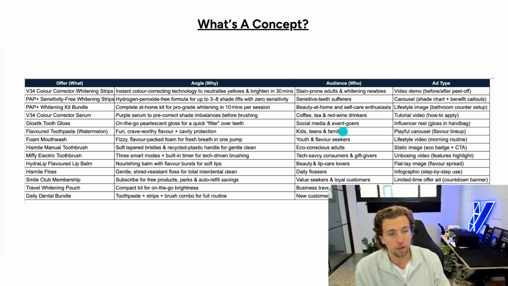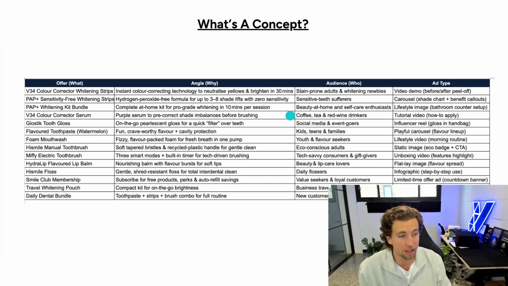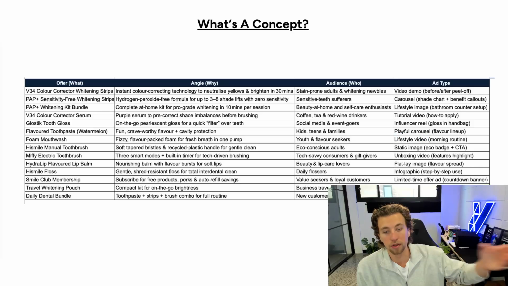Who's that going to be targeted at? Probably kids, teens, families. Makes sense. Are you going to target crave-worthy watermelon flavor to dads? Probably not. It's probably going to be angled towards kids and teens. And then what's the ad type? We could generate hundreds of different ad types here, but in this instance, we could go for some kind of carousel that has all the flavors lined up in a row.